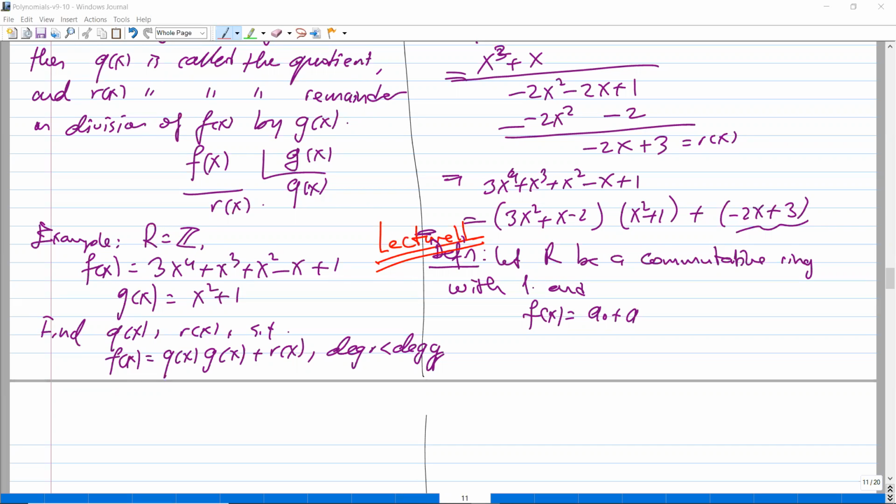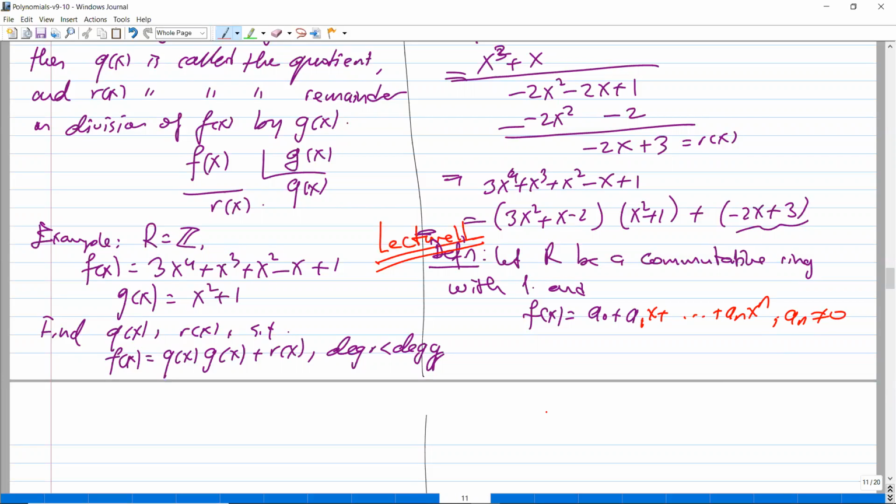So let R be a commutative ring with 1, and let a0 + a1x + a2x squared + ... + an x to the n be a polynomial. Of course, we always assume that an is not 0.